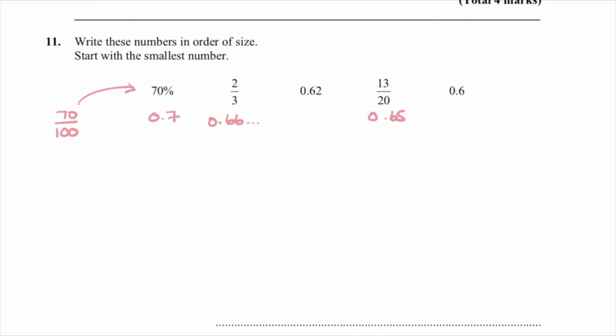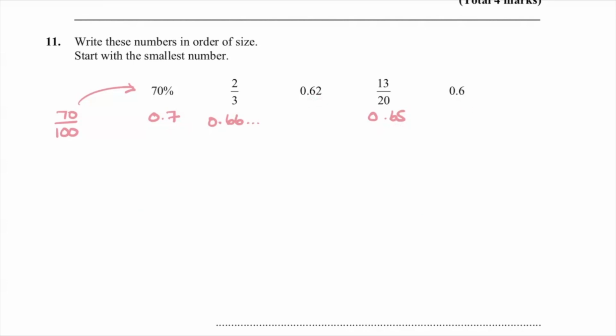And now it's really easy to see what order to put everything in. The only additional thing that I would say is if you look at this decimal, all the other decimals have got 2 decimal places, but this one and this one don't.